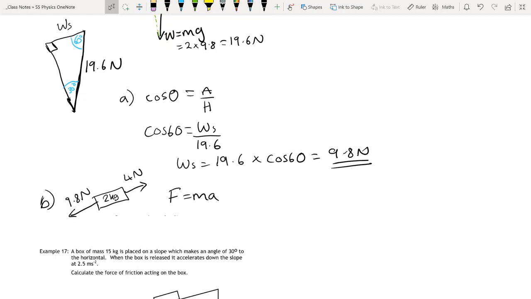They need to be on the same plane. So 9.8 take away 4 is 2 times acceleration. So acceleration comes to 2.9 meters per second squared. Just put it into the calculator.